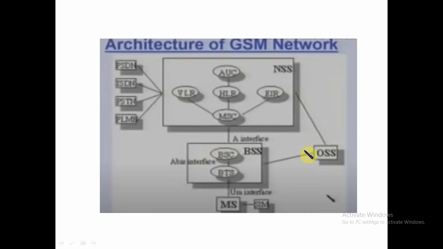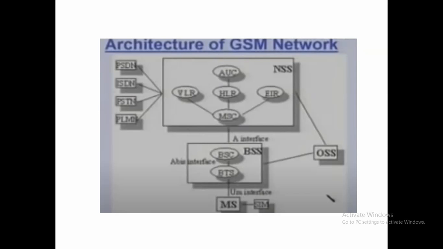This architecture we already saw in the previous video. You can check my YouTube channel also. We already saw the network subsystem, the base station subsystem, the OSS, and the PSTN and ISDN related parts. It helps in managing all the subsystem parts.